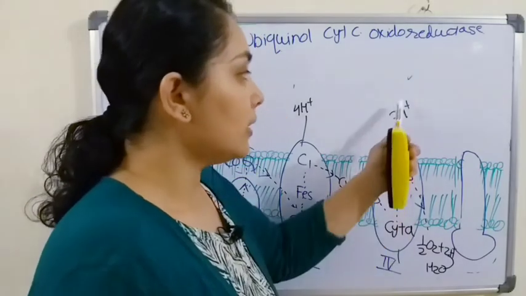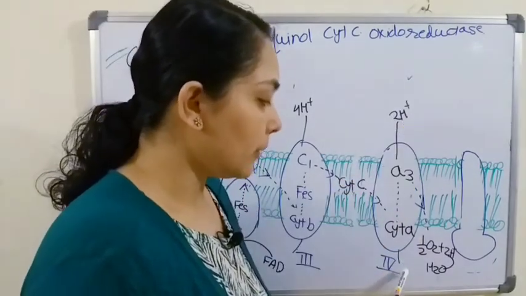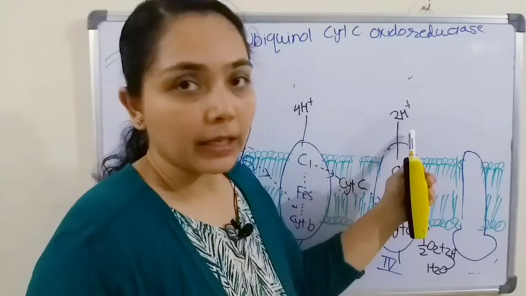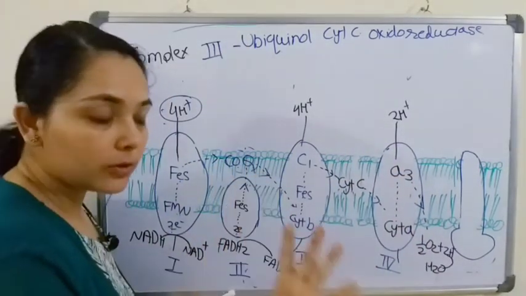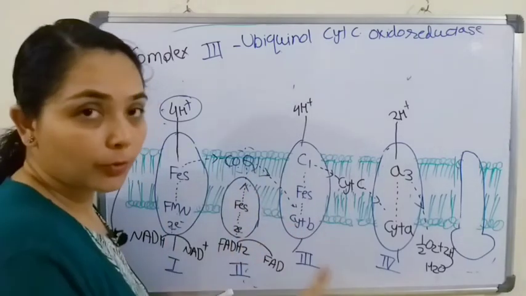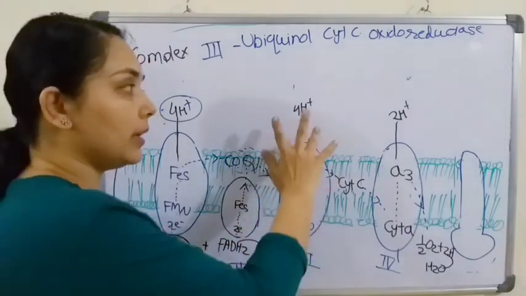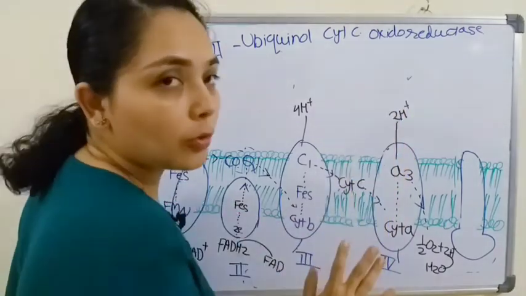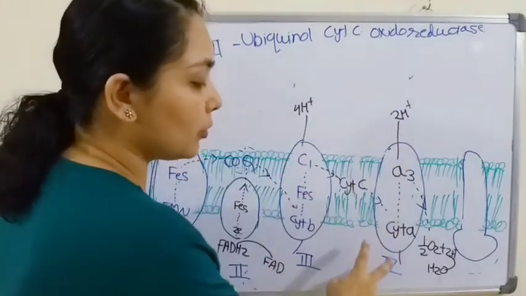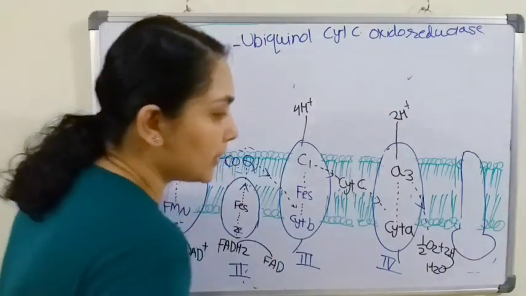Here we'll get 2 protons, pumped from the matrix to the intermembrane space. So complex 1 pumps 4 protons, complex 2 no protons, complex 3 again 4 protons, and complex 4 pumps 2 protons from the matrix to the intermembrane space.